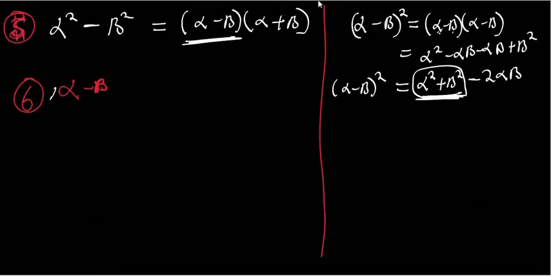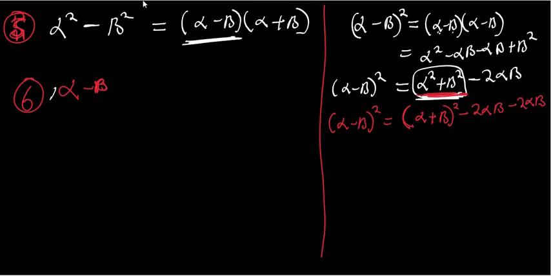So the identity of this part here, it is what? Open alpha plus beta squared minus 2 alpha beta, minus 2 alpha beta.